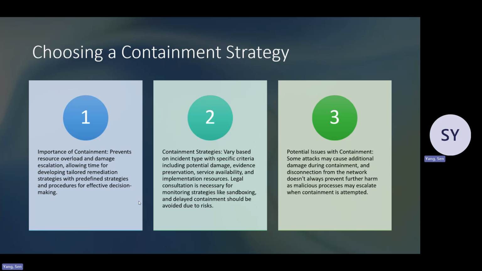Now, the specific strategy varies based on incident type with specific criteria, including potential damage, evidence preservation, service availability, and implementation resources. A lot of the time, legal consultation is necessary. Strategies like monitoring, sandboxing, and delayed containment should be avoided due to risks.